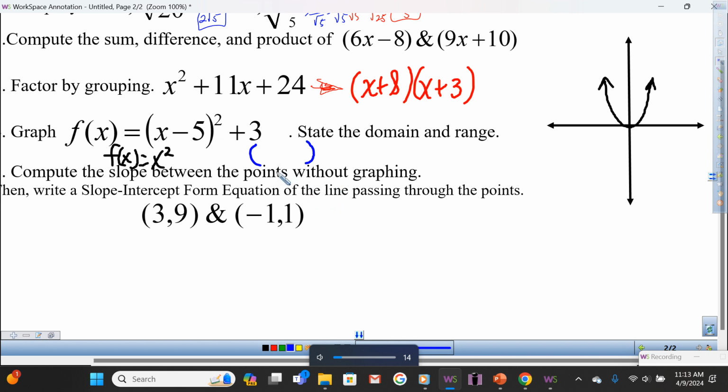Anthony D. The vertex? 5, 3. So we're moving this one to 5, 3, which is somewhere up here. Are we there so far?